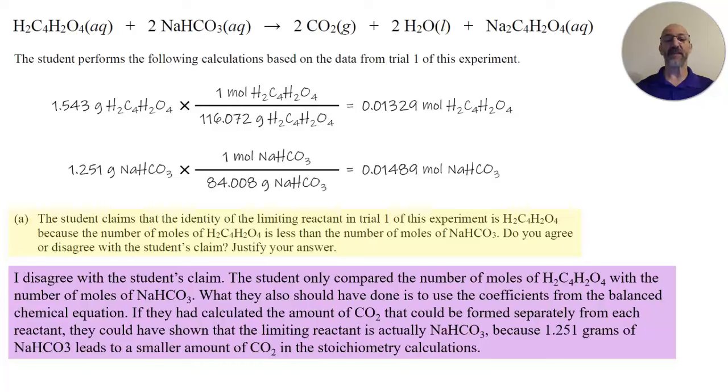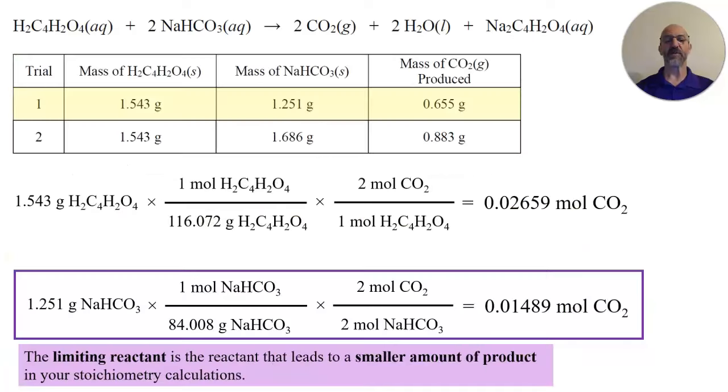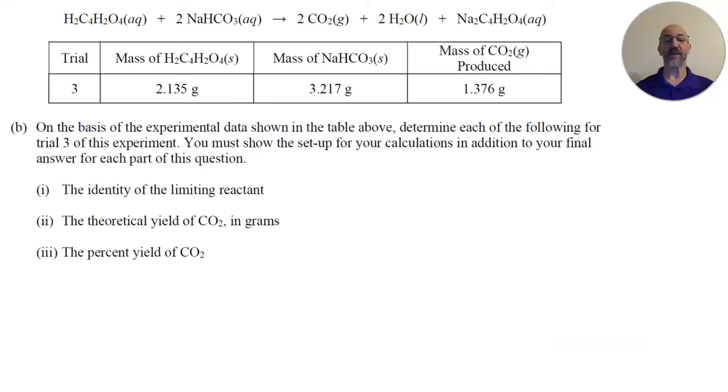If they had calculated the amount of carbon dioxide that could be formed separately from each reactant, then they could have shown that the limiting reactant is actually sodium bicarbonate, because 1.251 grams of sodium bicarbonate leads to a smaller amount of CO2 in the stoichiometry calculations. So you can see that the limiting reactant is the reactant that leads to the smaller amount of product in your stoichiometry calculations. All right, now let's go ahead and take a look at part B of this question.